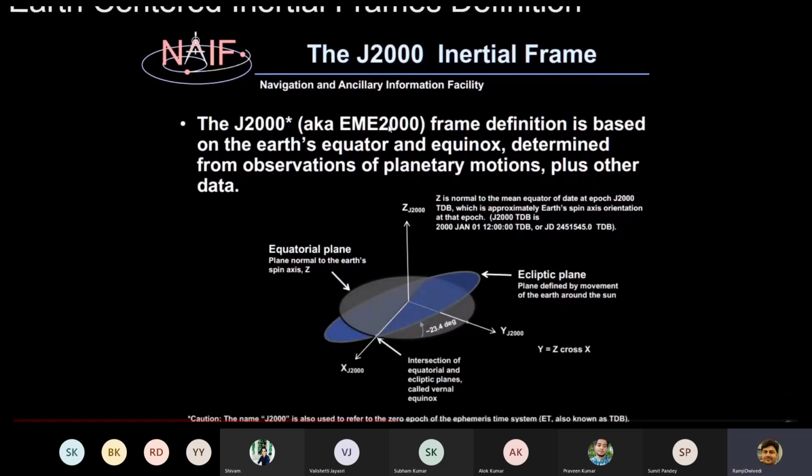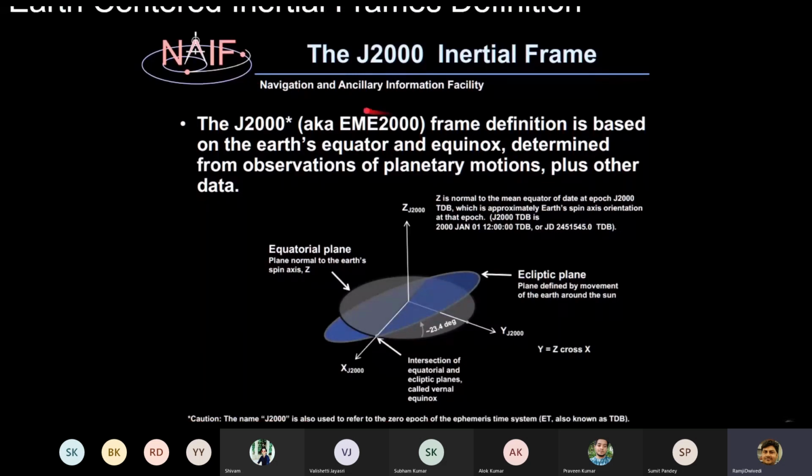This Z2000, which is located for defining the inertial frame, is the Earth mean equator 2000 frame. The definition is based on the Earth equator and equinox, determined from observation of planetary motions plus some other data.